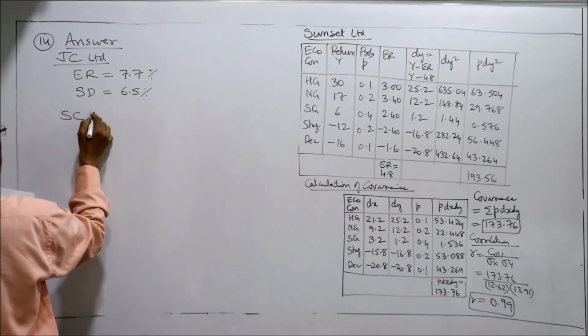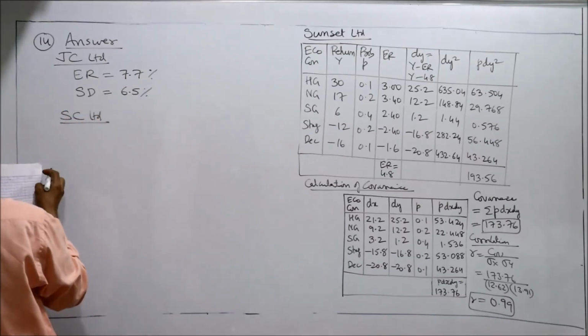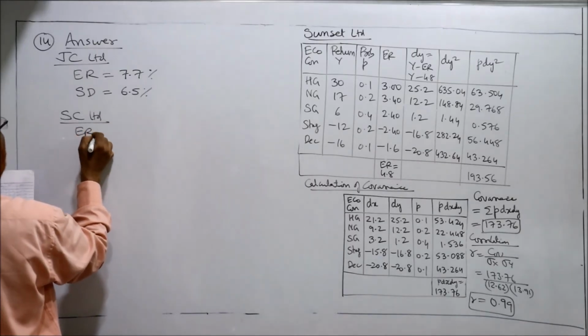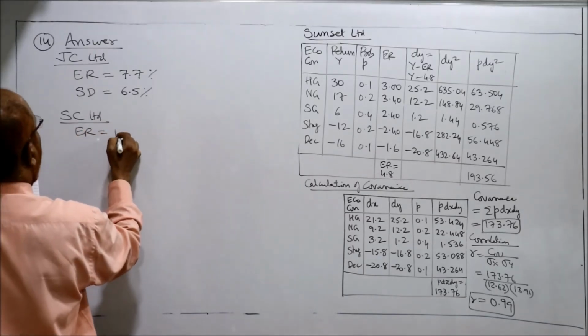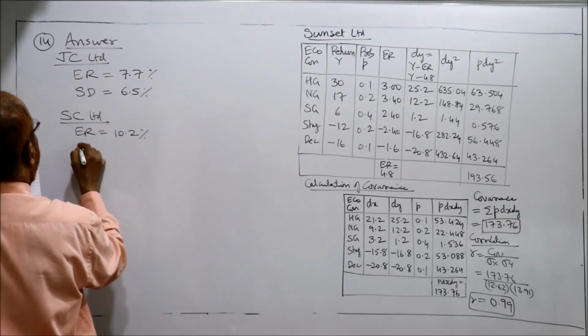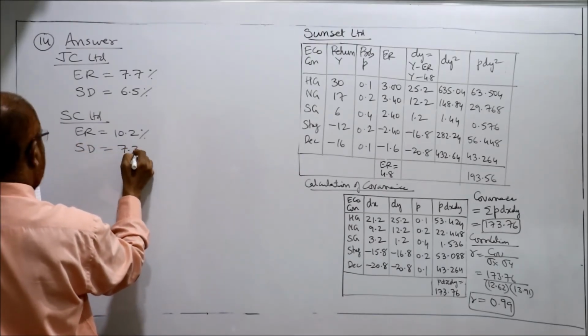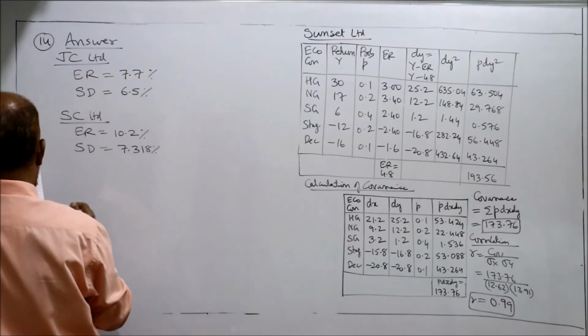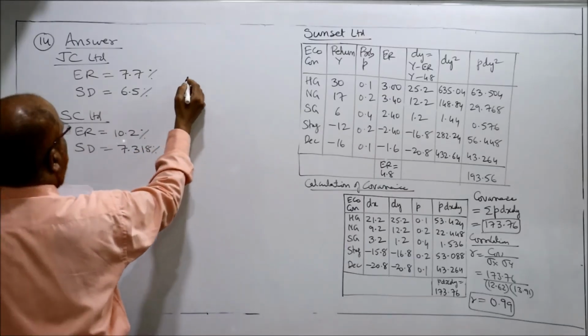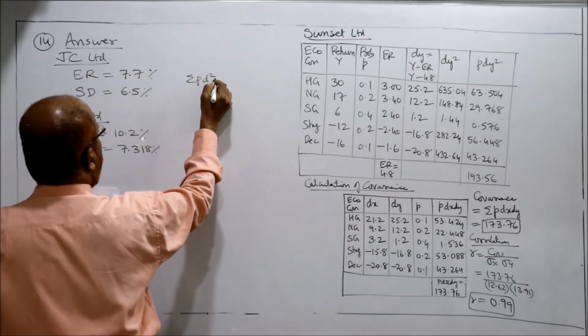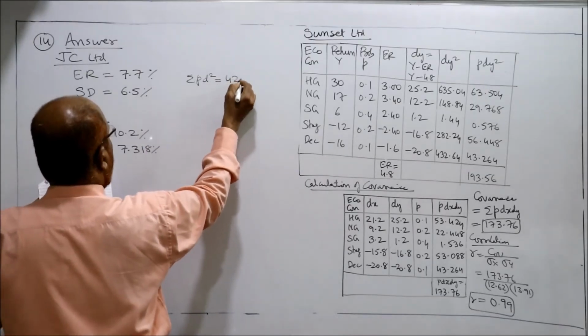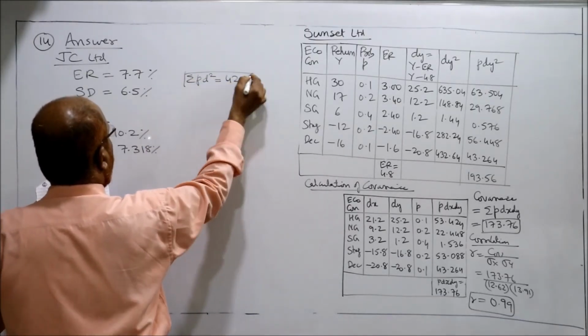Then SC Limited: ER is equal to 10.2% and standard deviation is 7.318%. Here summation PD square is 42.21.